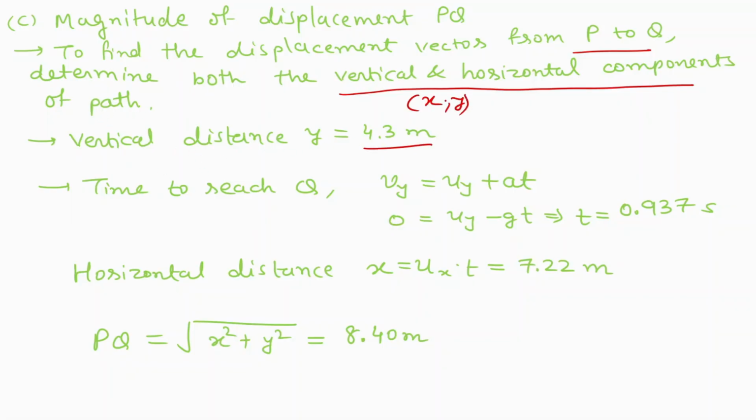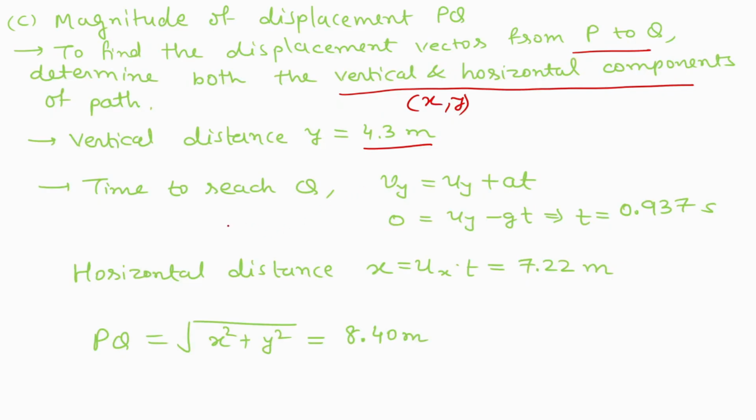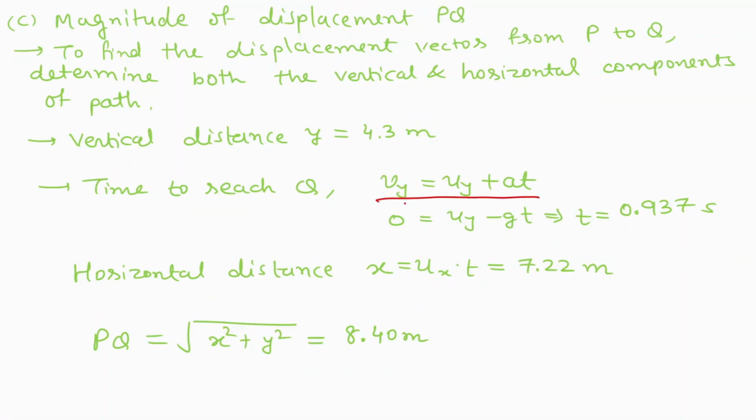The vertical distance we found is 4.3, and we need the time to reach Q because we need to find x of Q. We know the initial component of velocity in x, but we don't know how much time it takes to reach point Q. For this we use this equation, where we already know vy is 0 at the maximum point.